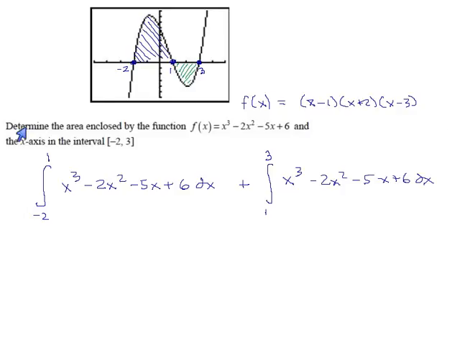Now, there are a few ways to handle what's going to happen. This integral from minus 2 to 1 is going to come out positive already, so there's no need to change anything about this one. This integral, because it's got negative heights, is going to want to come out negative. And here's a few ways that you can fix that if you want to. First, we could put a negative sign out in front of here to force this to go positive.